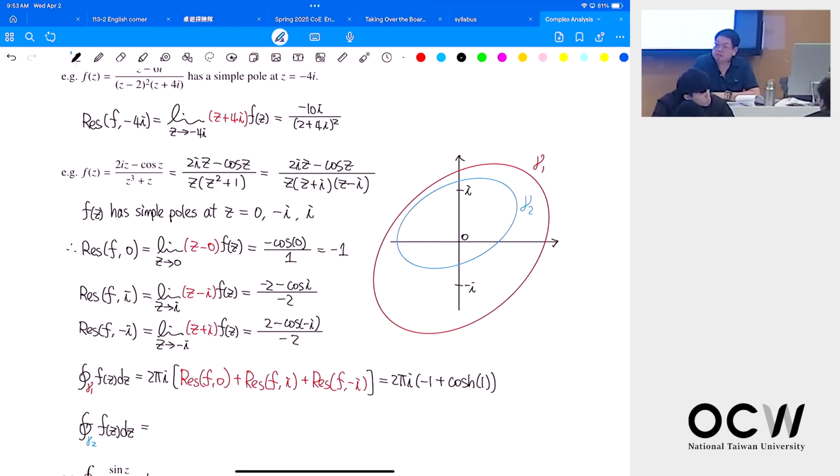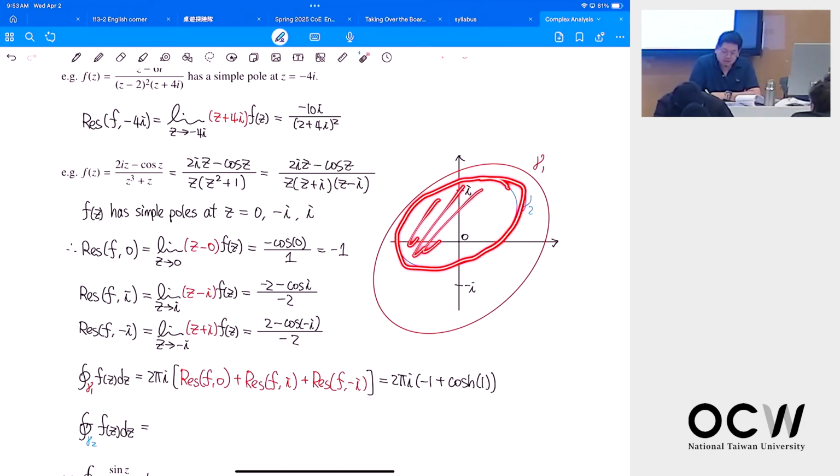Well, for your gamma 2, you see, gamma 2 is here, these blue curves, so I only care about this. Inside this curve, f is analytic except where? 0 and i.